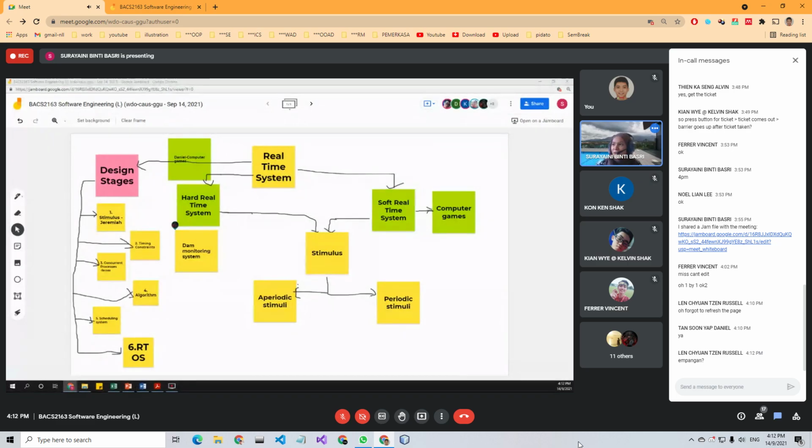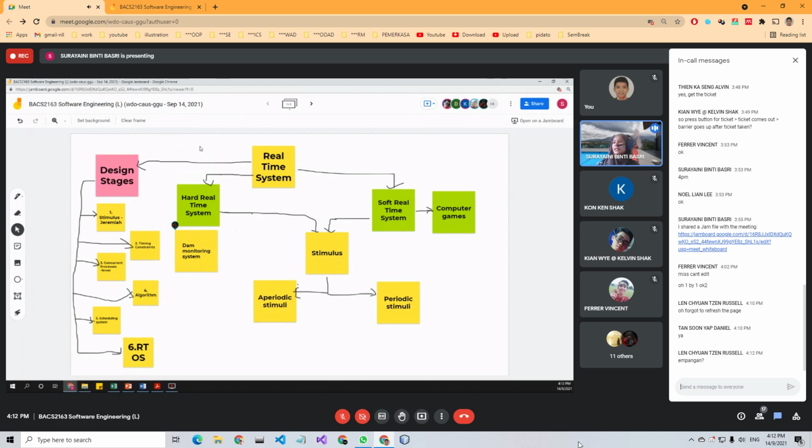Oh, okay, okay. So the sensor will be the level of the water, right? Or the stimuli. The stimuli should be the level of the water. Okay, so yes, correct.